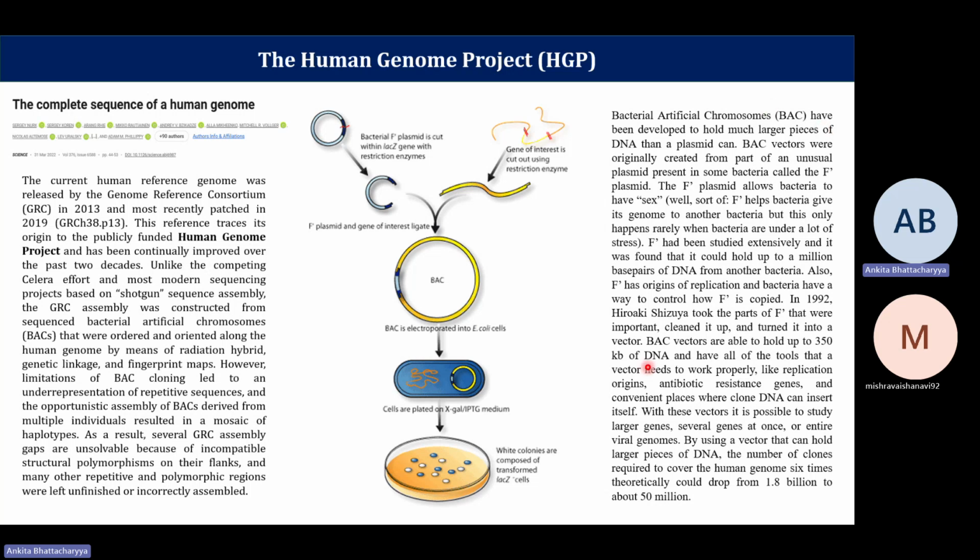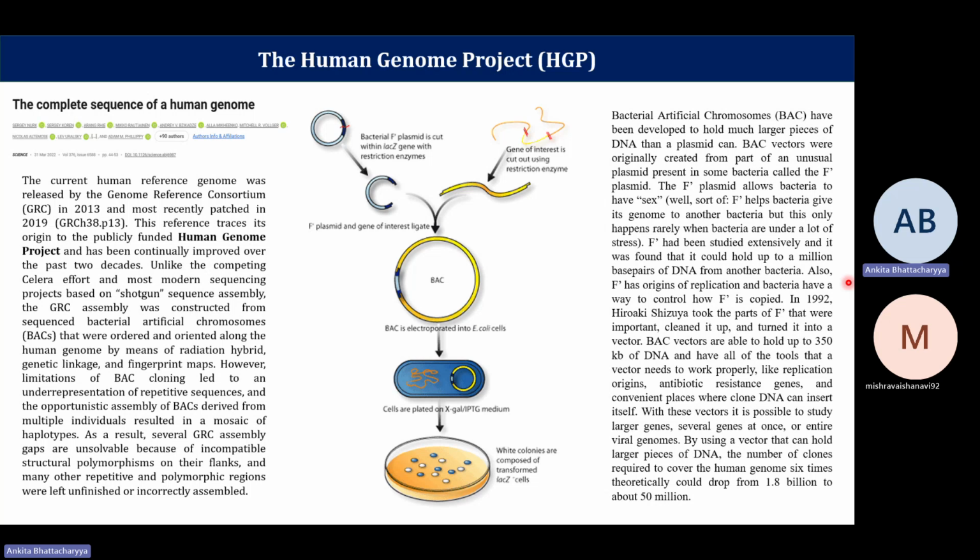These BAC vectors, which are artificial chromosomes originally derived from bacteria but meant to be used as hosts, can hold up to 350 kilobases of DNA, and they have all the tools a vector needs to work properly: a replication origin, antibiotic resistance genes, and sites where the DNA of interest can be inserted smoothly.